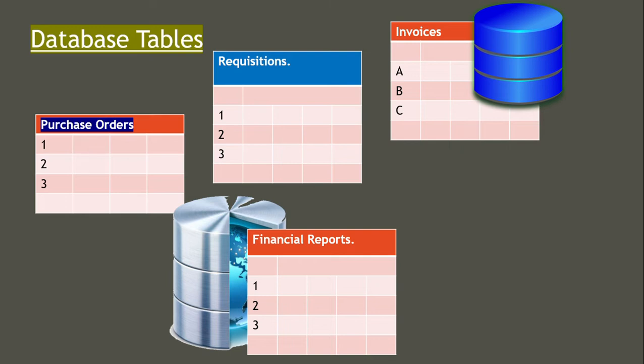We must use specific tables in the database so that you don't mix data in one table with another without proper arrangement. Purchase orders have their own table, the same case with requisitions, invoices, and financial reports.